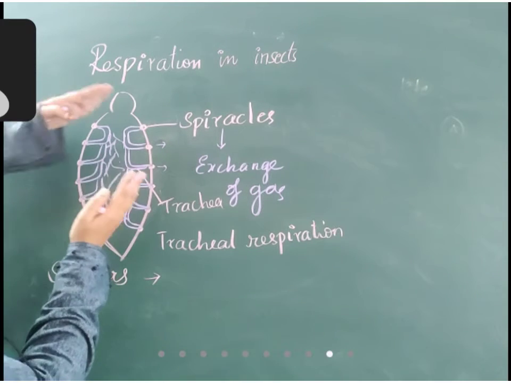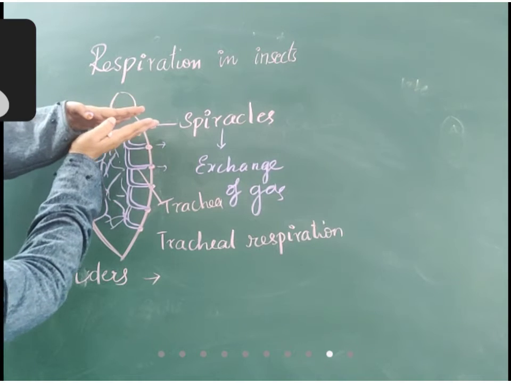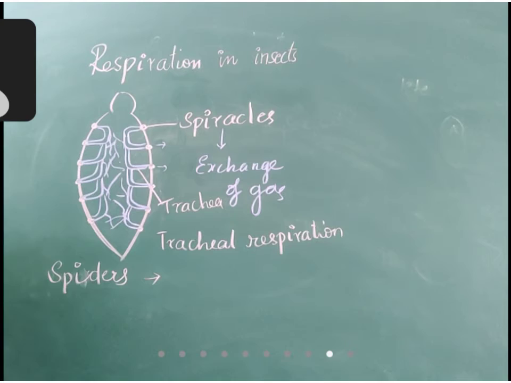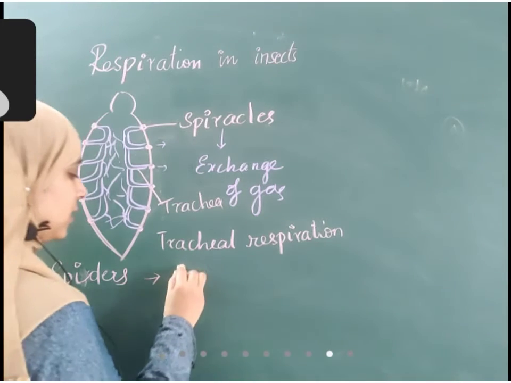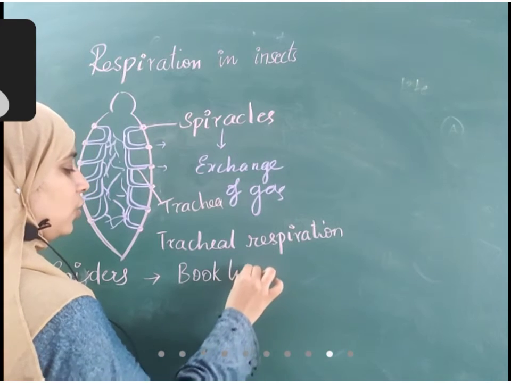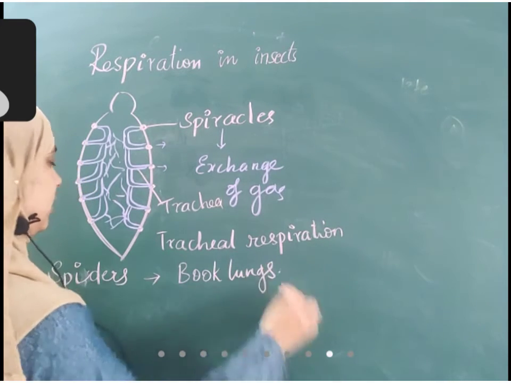One sheet is up, one sheet below, and this sheet will have branches. Sheet-like structures are spread in the body. They are called book lungs. This is also one type of tracheal respiration only.